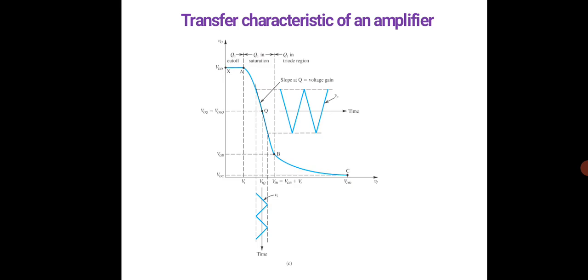The slope is determined over here, that is at the end of cutoff and the beginning of saturation, and similarly the end of saturation and the beginning of triode are represented as the points A and B, and the mid of this is taken as the Q point.